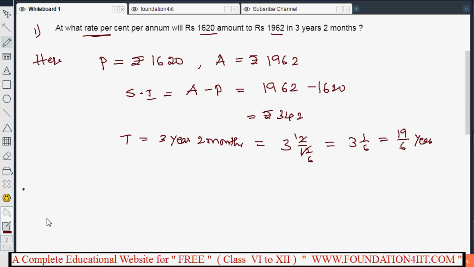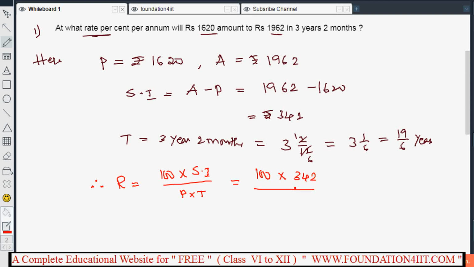Now we can find out the rate percent. Therefore rate is equal to 100 into simple interest by P into T, so principal into time. Now substituting all these values, simple interest is 342 by principal is 1620 and time is 19 by 6.